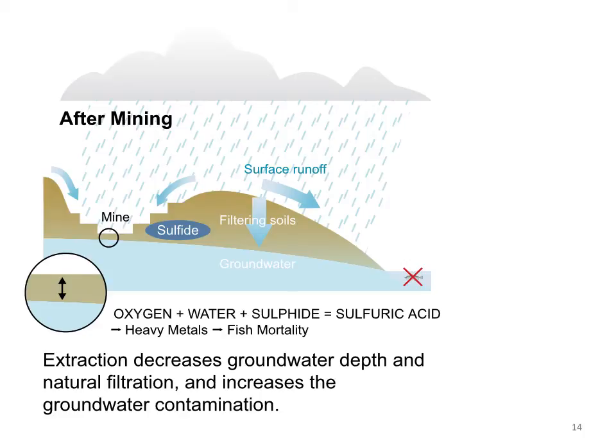These sulfides can then be transported along with surface runoff or reach the groundwater much more quickly than they would have otherwise reached the groundwater by having to filter through the soil. This can result in sulfuric acid formation, just like acid gas formation, which increases heavy metals in the stream, and those heavy metals can result in fish kills.